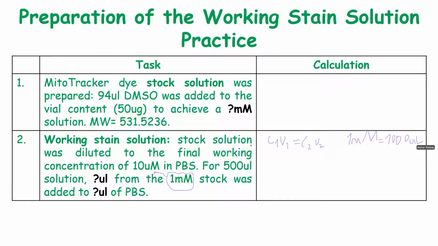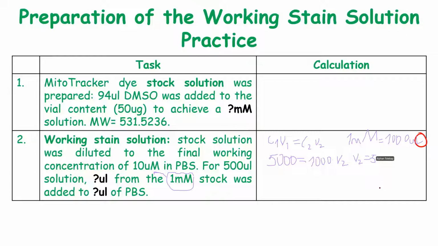And now I have to multiply 10 micro to 500, so it will be like 5,000, equals this concentration multiplied by the volume, V2, which will be equal to 5 microliters.